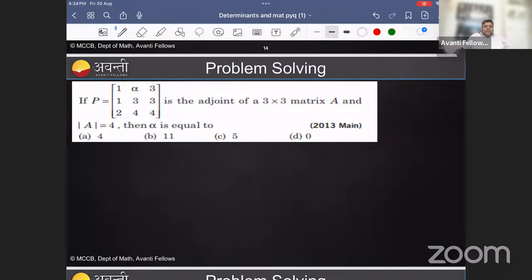Yes, everyone, what is the value of alpha?